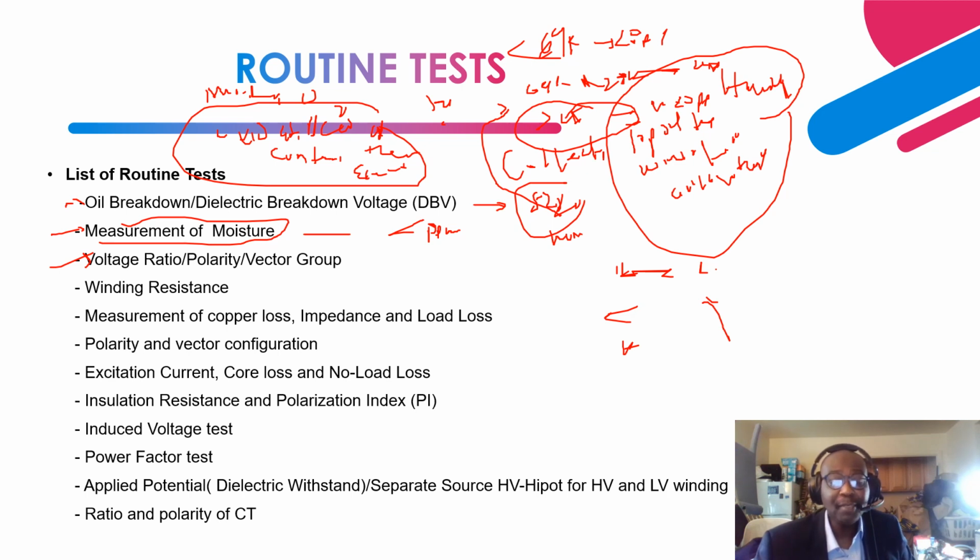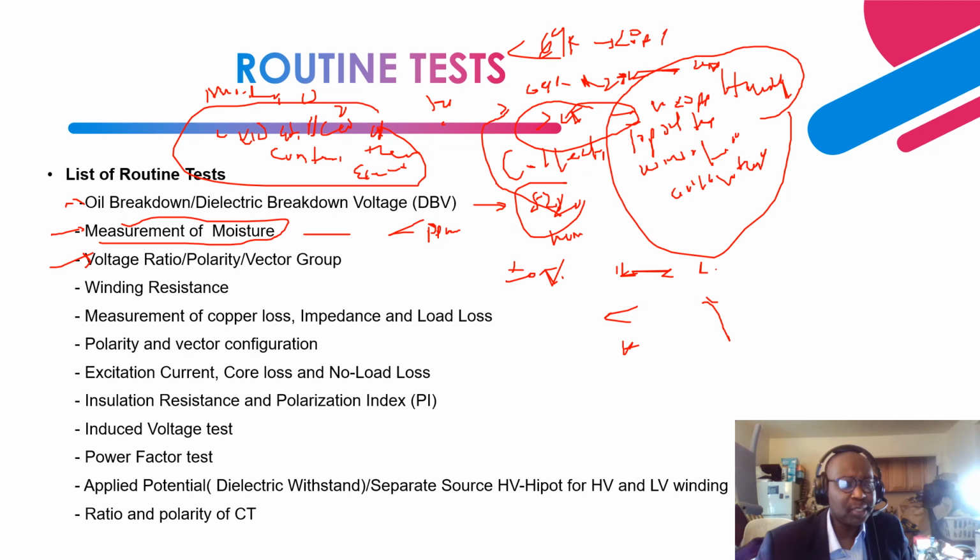You compare the results with the factory test nameplate, the factory test results, or the design results. Then you determine the difference, and the difference shouldn't be more than plus or minus 0.5%.